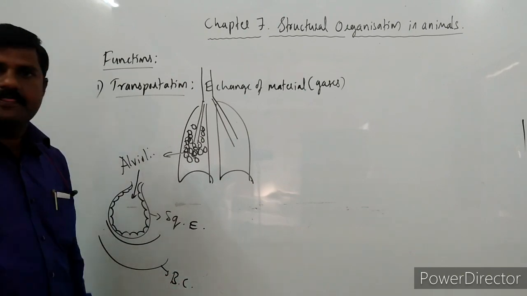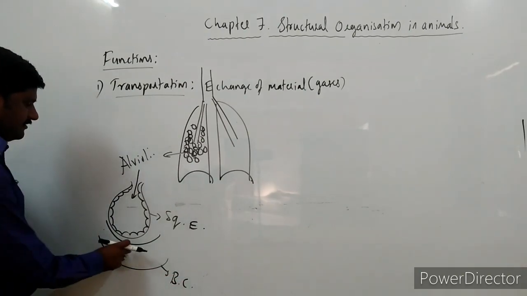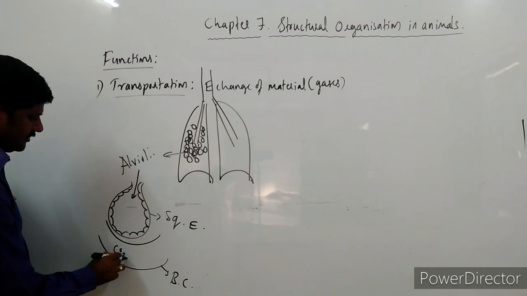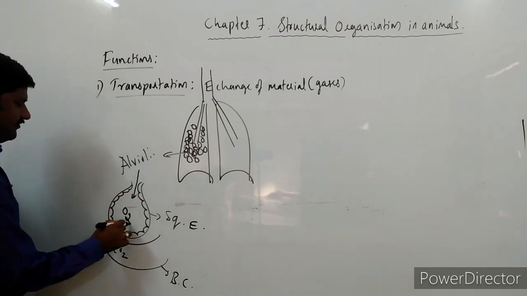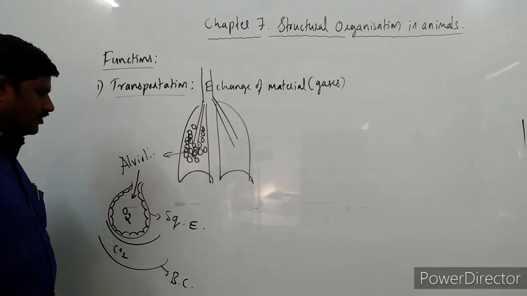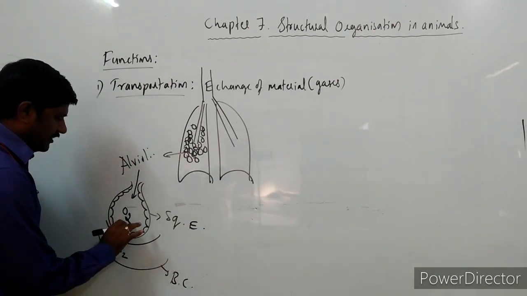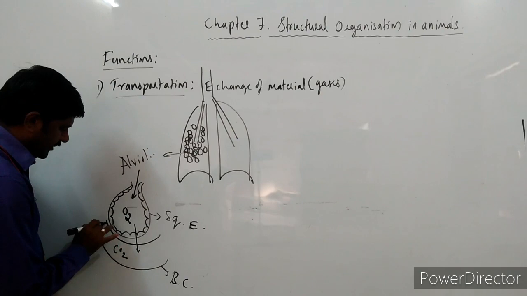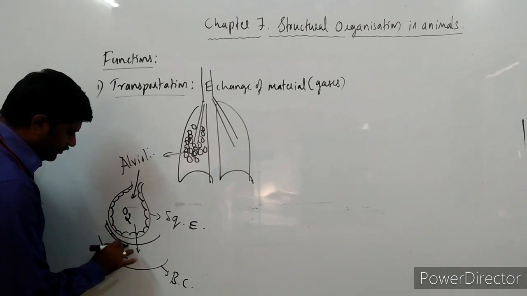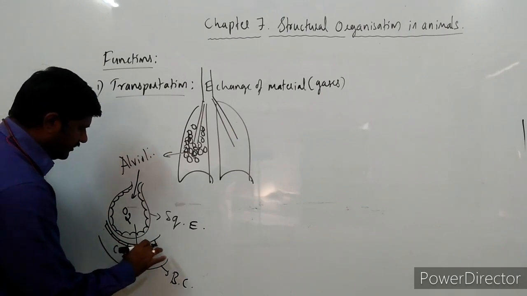In this blood capillary, CO2 concentration is more. In this alveoli, O2 concentration is more when you inhale the air. So at that moment the exchange of materials takes place through this epithelium. Why?